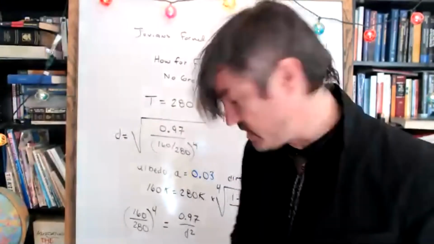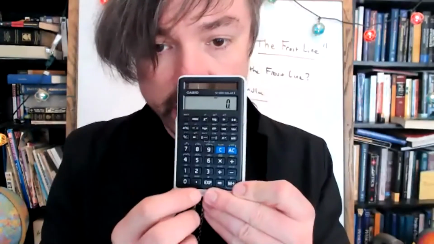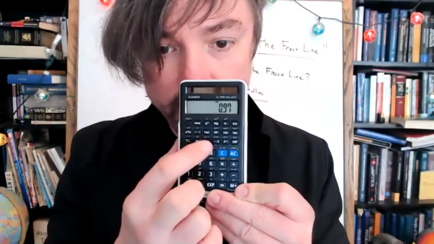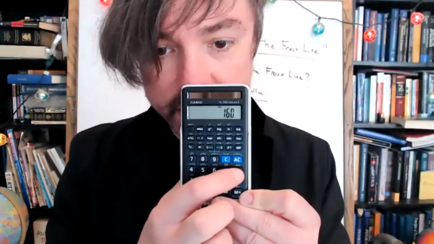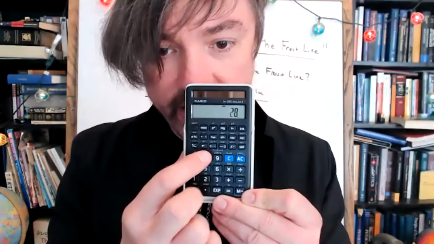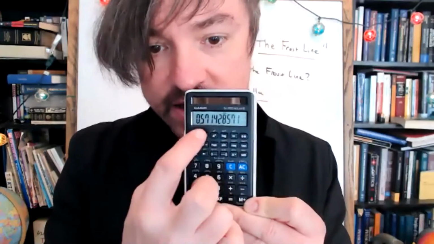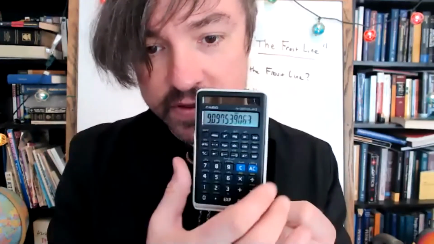Let's see if we can do this together on our calculators. 97% divided by, open parentheses, 160 divided by 280, close parentheses. So let's raise that to the fourth power. Shift 4 equals.